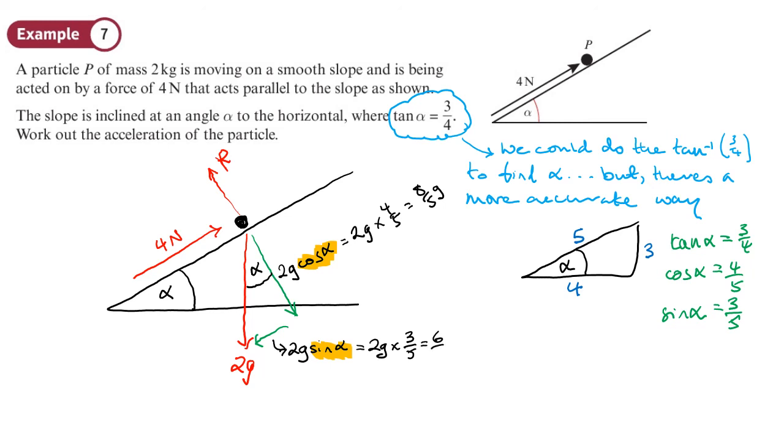Now, doing it that way, you don't need to deal with any sort of tan inverse and then do the sine of that and the cos of that, because quite often those angles are going to be long decimals. So if I did the tan inverse of 3/4, I get 36.869897 and so on.